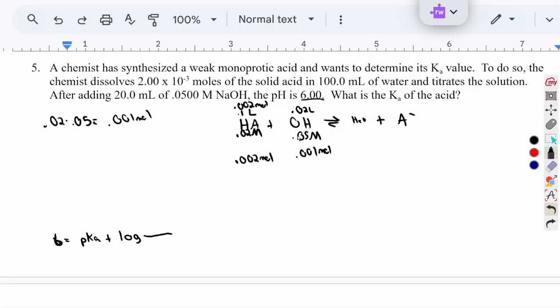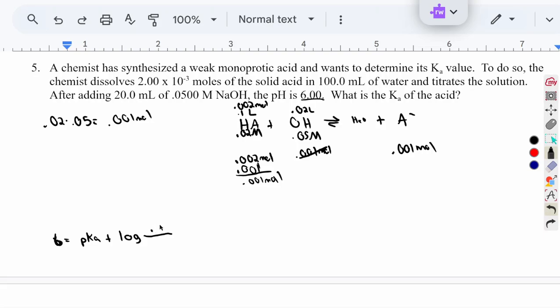And this becomes the same problem that we had done before. If this is how much OH I have, then this is my limiting reactant. This all gets used up. It creates an equal amount of A minus, 0.001, and it uses up that much acid, 0.001. So we're left with 0.001 moles here and 0.001 moles here. We could divide by the volume, but it's not going to make a difference. Our ratio is our ratio.